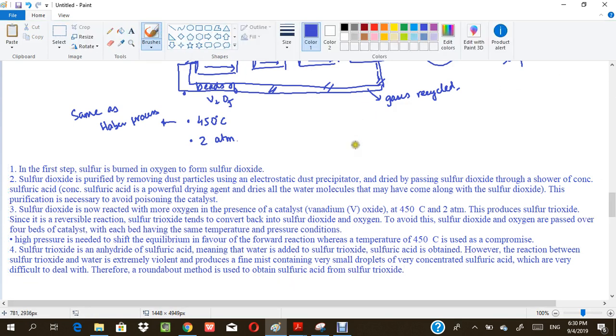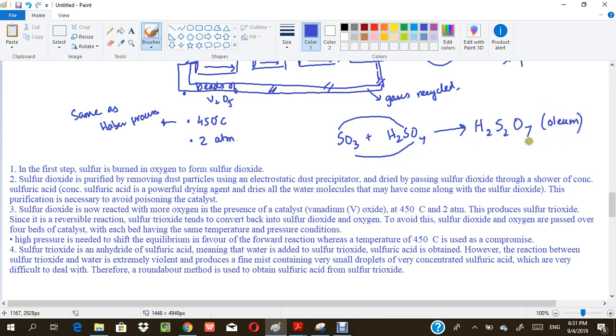Instead of adding sulfur trioxide to water, we add sulfur trioxide to concentrated sulfuric acid itself, right? This forms a very thick viscous liquid called oleum, and the formula of oleum is H2S2O7. So what we have done is we have just added the two together. This is called oleum.